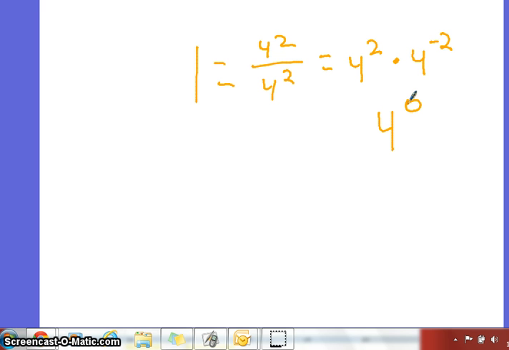And the new rule is, as long as we're talking about real numbers and our real number is not 0, then x to the 0 power equals 1. Write that rule down. So anytime you end up with an exponent of 0, the number is 1.